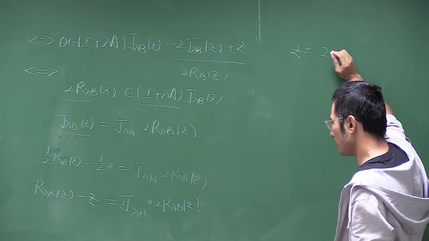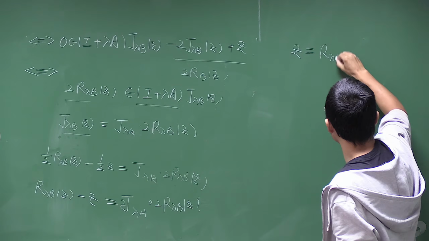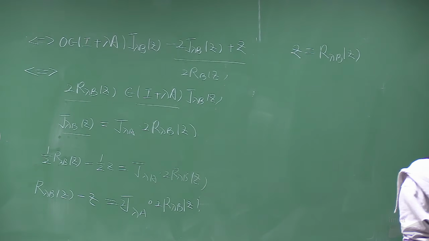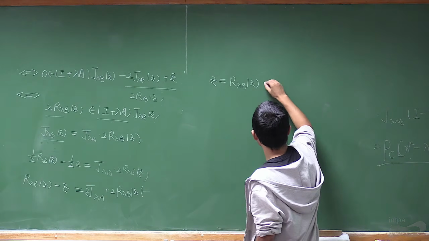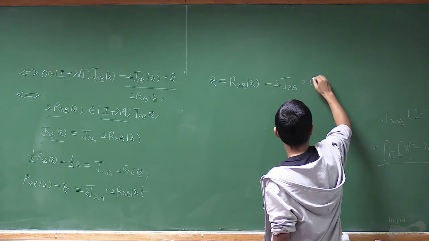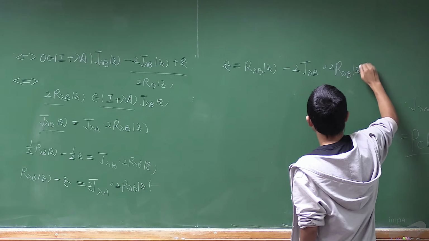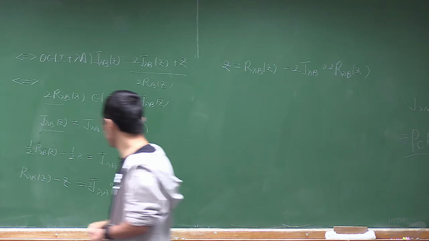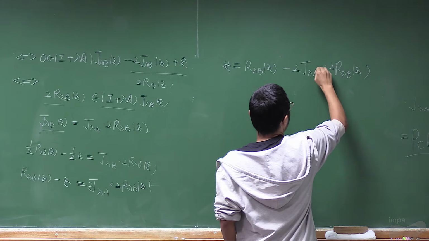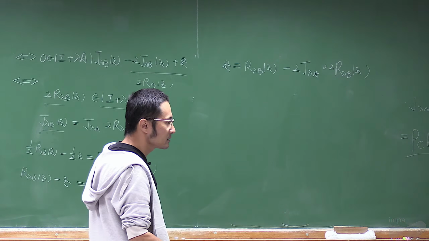It is 2 times the reflection of B at z minus 2 times the resolvent of B at 2 times the reflection of B at z. There is a problem. Where is A? Okay, here. This is A. Okay, we already have this.